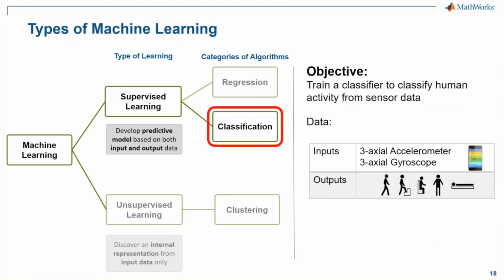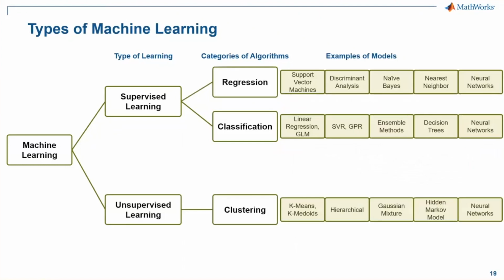We want to classify into different categories, or in the case of a smart fitness tracker, categories like running, sitting, swimming. For today's example, we will be working on a regression problem. We have a continuum of data for MPGs, and that's what we will be focusing on. But again, I wanted to let you know what types of problems we can work with in machine learning. And here are some examples of models.